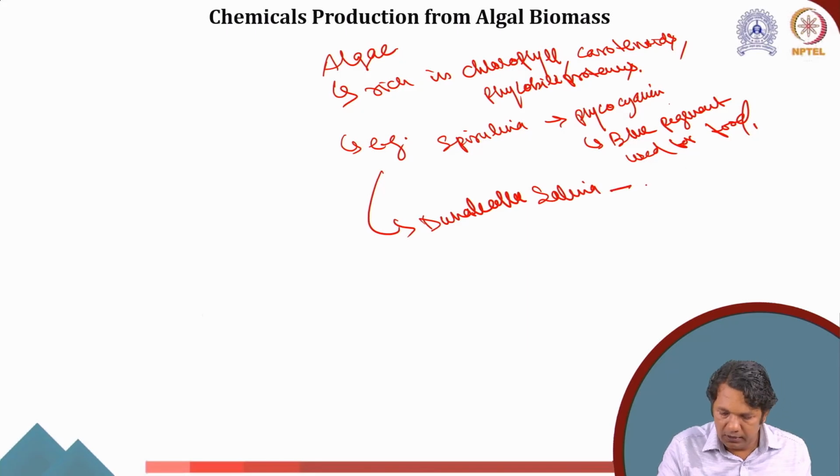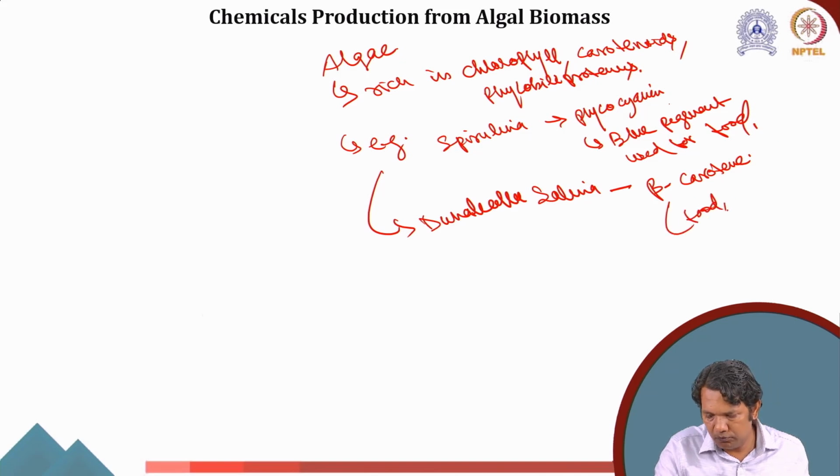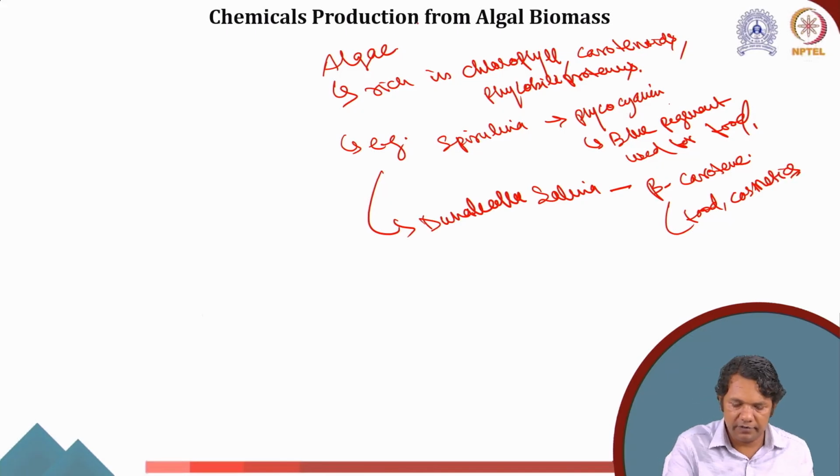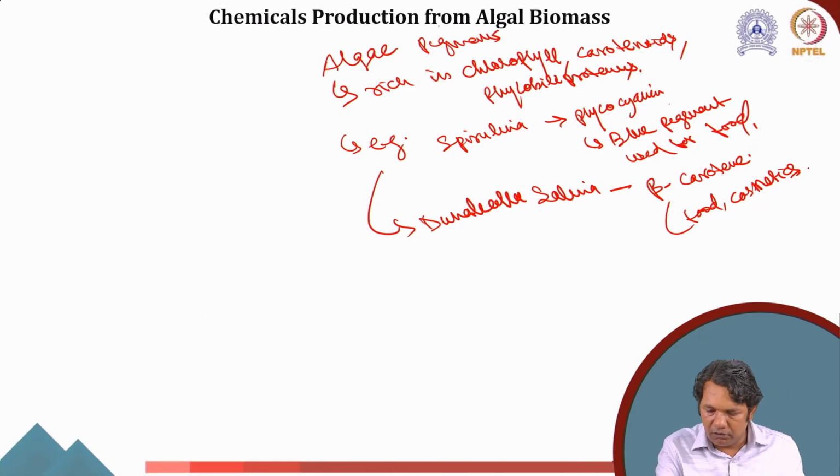This is beta carotene. This is used in food and cosmetics, and as a provitamin. I am talking about algae pigments.